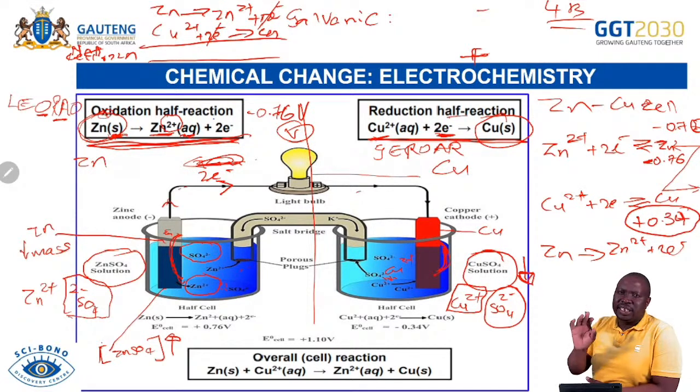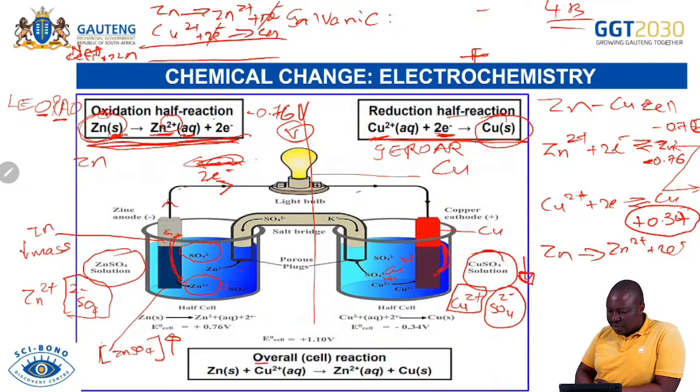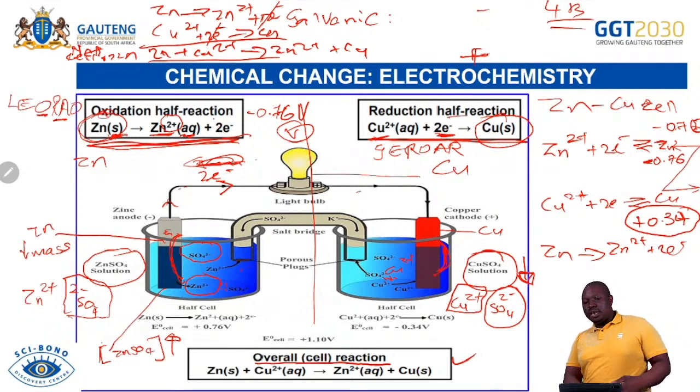So you must balance the electrons before you write down the overall cell reaction. Then when you cancel the electrons, you are able to say we have zinc plus copper 2 plus forming zinc 2 plus and copper. And that is the overall reaction.